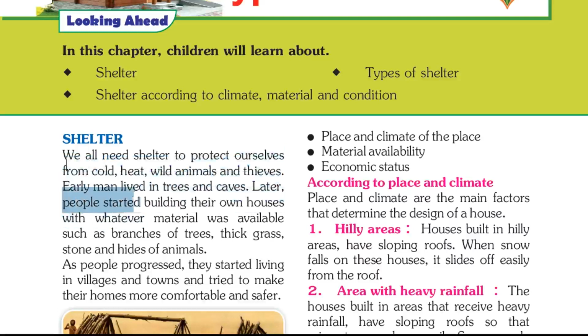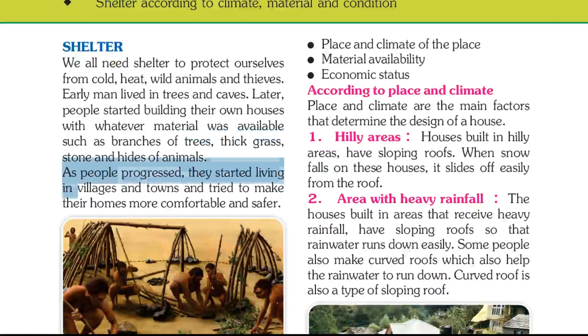Later, people started building their own houses with whatever material was available, such as branches of trees, thick grass, stone and hides of animals. As people progressed, they started living in villages and towns and tried to make their homes more comfortable and safer.